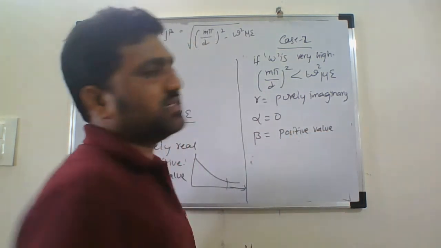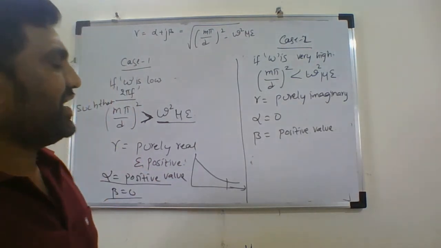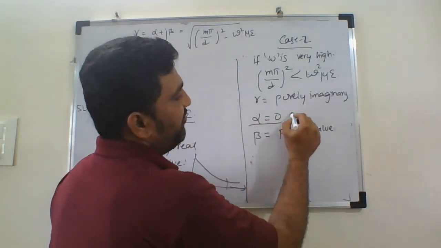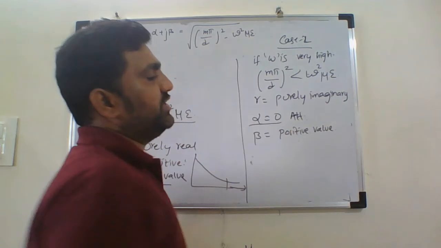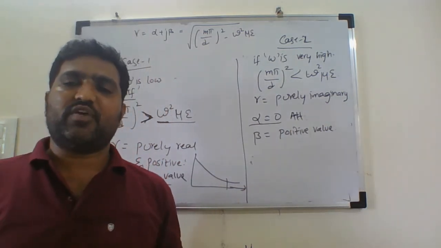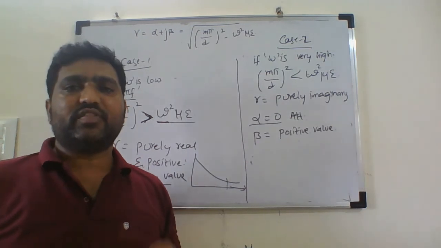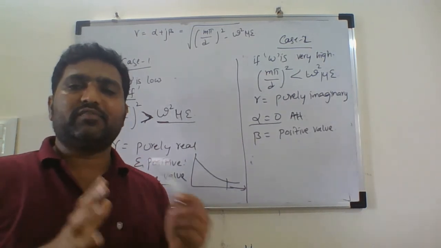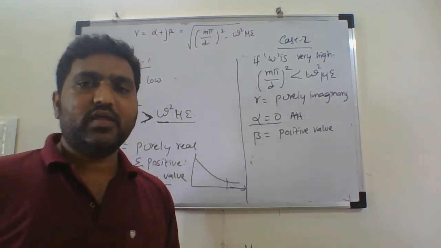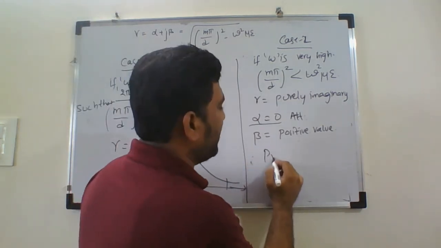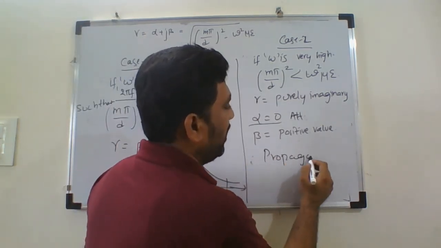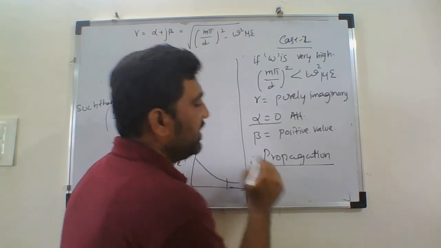Alpha being 0 means the attenuation offered by the waveguide is 0. So the wave will propagate through the waveguide without any attenuation, only with some phase shift or delay. So here the wave propagation happens.